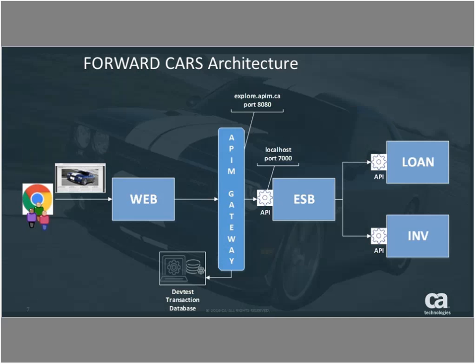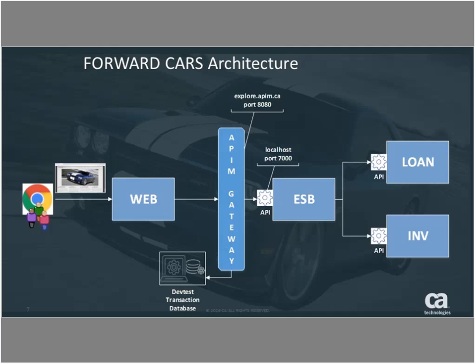Okay, so onto the demo. I just wanted to give you a visual representation of the architecture, how the communication works between the web interface, the APIM gateway, and DevTest. We have a web browser running our Cars application, our demo application.